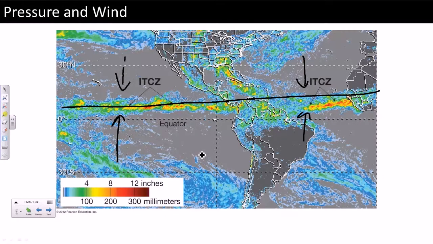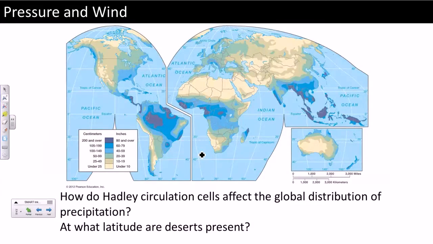And so we get vertical motion and low pressure. Low pressure at the ITCZ. And so we end up with high rainfall. You'll notice we're looking at 12 inches down to 8 or even 5 or 6 inches right along that equatorial region.